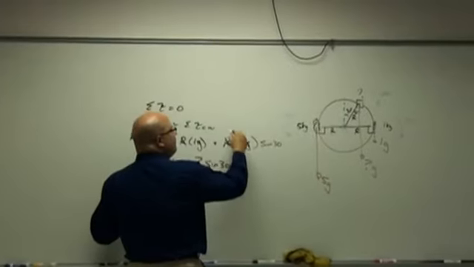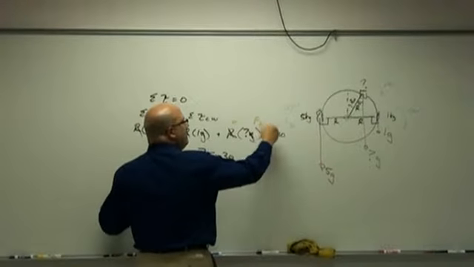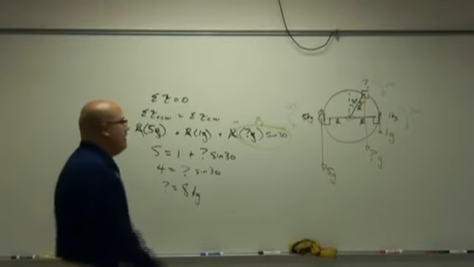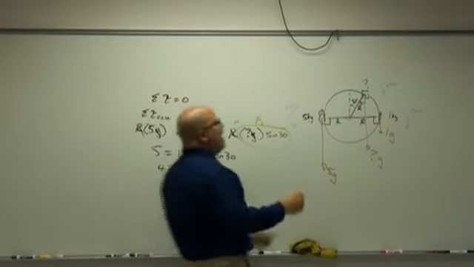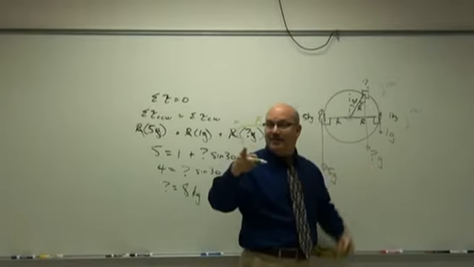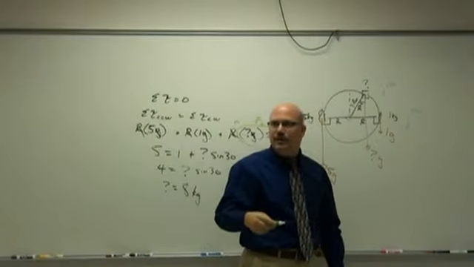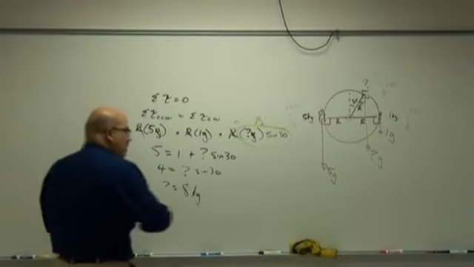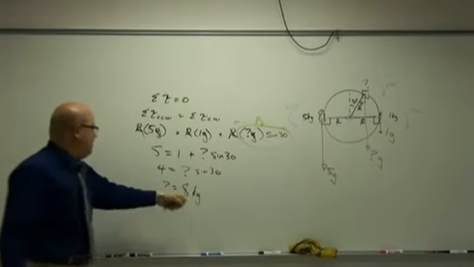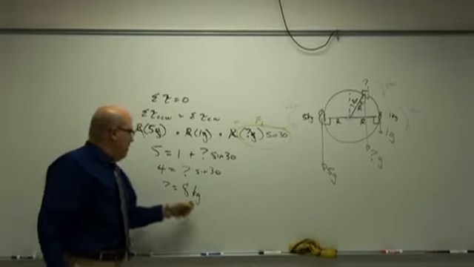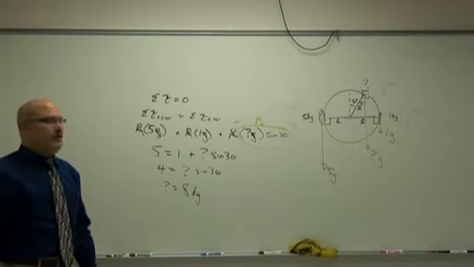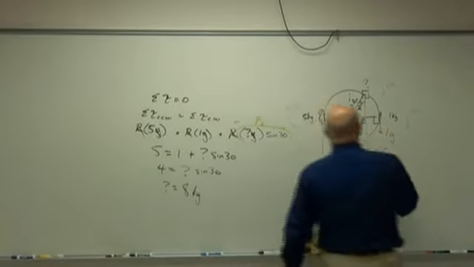It's not 8? What is it? You forgot your G. That's 8 newtons. No, that's right. The G cancels out. I'm left with 8 kilograms. Isn't that right? Okay. I think that's right.